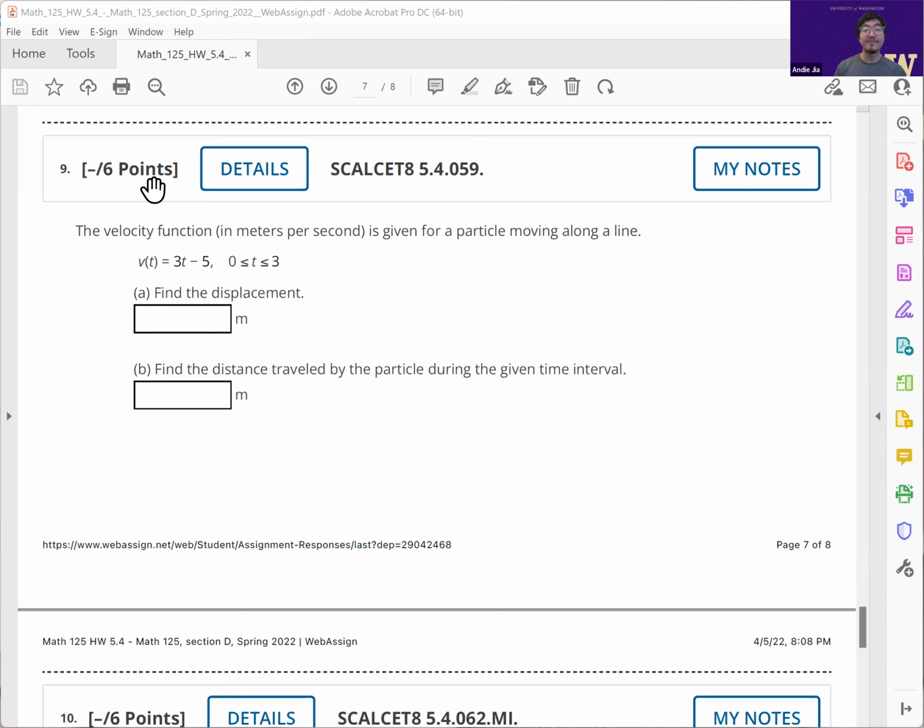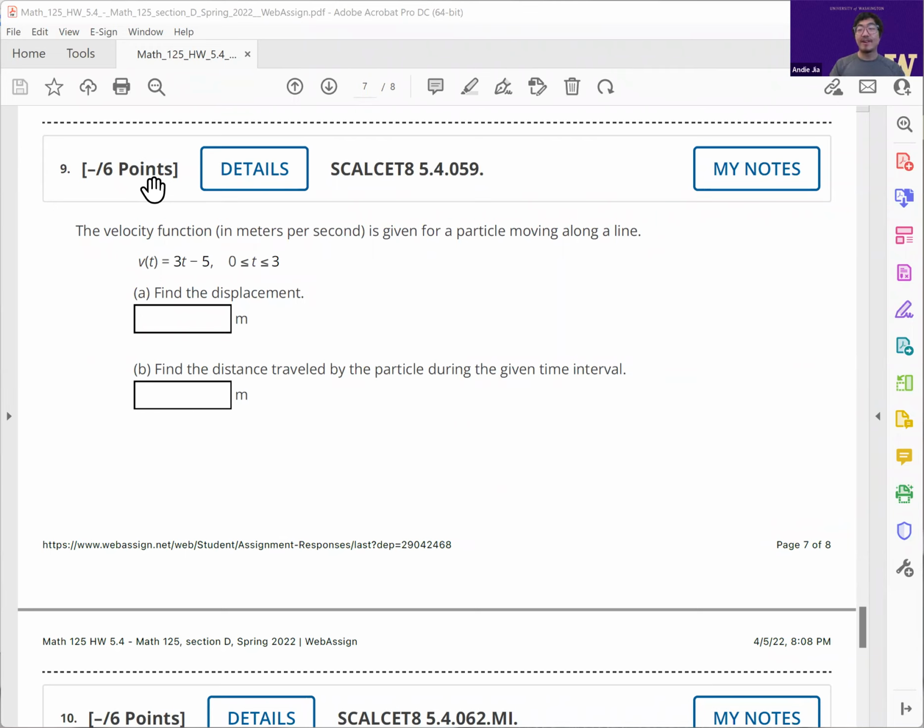Because on the westward 25 meters, you are still moving, so that 25 meters counts toward your total distance traveled. So the total distance traveled is going to be 20 plus 25 plus 40, which is 85 meters. 85 is the total distance traveled because it's just the accumulation of movement you made regardless of the direction.